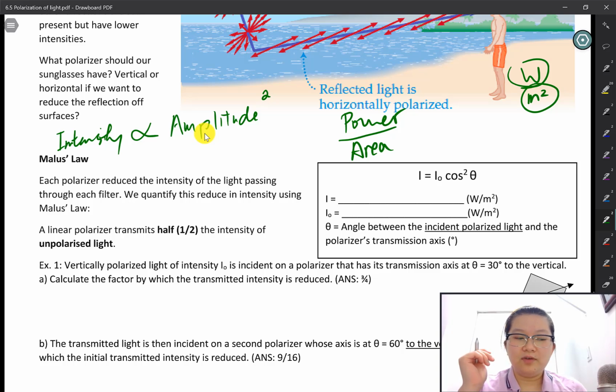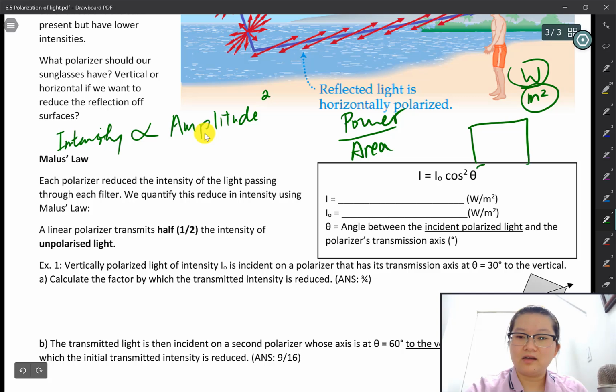So if you imagine the intensity, if I try to measure the intensity of light, imagine I had an area, a specific area, which is say 1 meter by 1 meter. How much power, how much energy, well, this is not just energy, but the rate at which energy is emitted onto this particular area is going to give me the intensity.